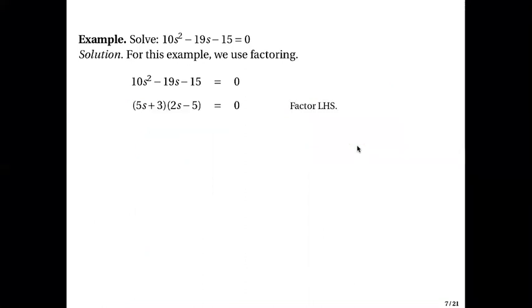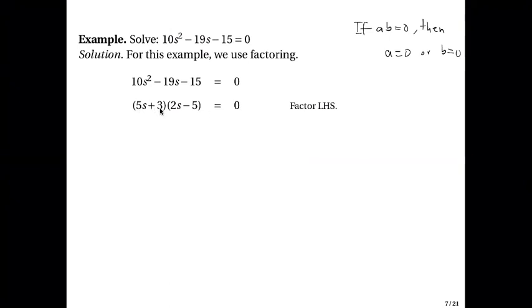So here's what we got. 5s plus 3 times 2s minus 5 is equal to 0. And remember, again, for emphasis, if ab equals 0, then a equals 0 or b equals 0.